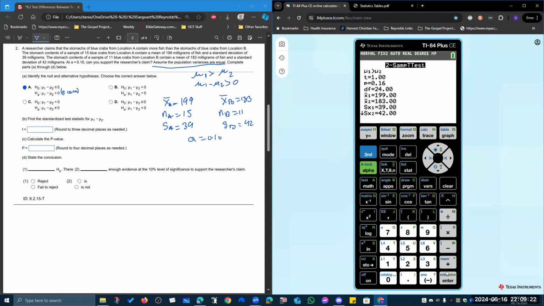Go into calculate here, and the standardized test statistic is going to be 1.00. Our p-value here is 0.16. We can go out to 4 decimal places if we need to. Let me make sure I'm not accidentally in fixed. Oh, I did. Let me put this back to float.